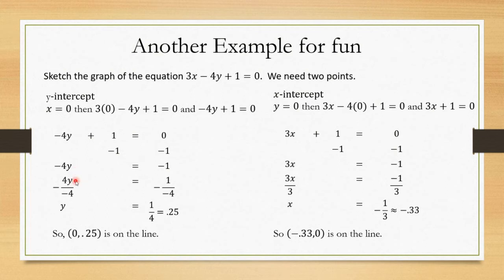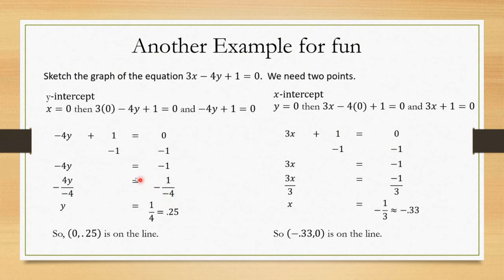So we get minus 4y over minus 4 equals negative 1 over minus 4. And so when you do that, the minus 4's cancel. You get y equals 1 over 4. The minus signs cancel. 1 over 4, and that's the same as just 0.25.